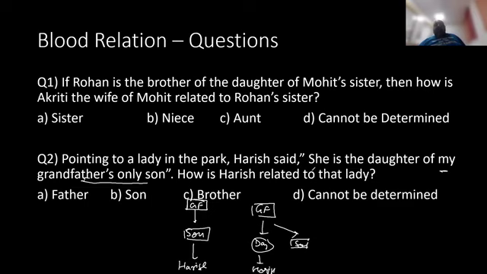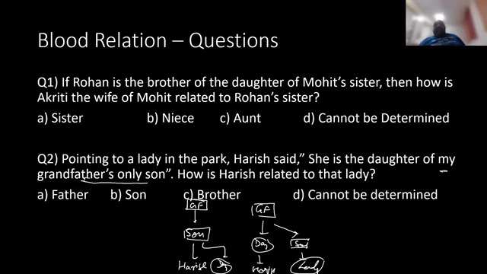And therefore, when Harish says, pointing to the lady, she's the daughter of my grandfather's only son, in this case also, the lady would be here. So how is Harish related to the lady?